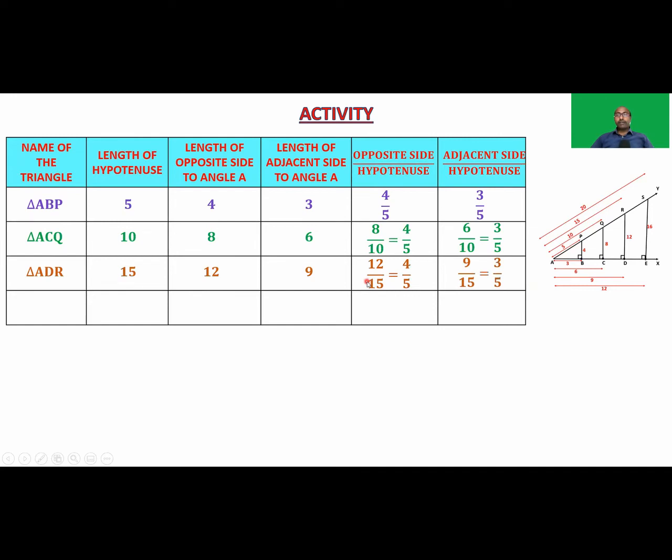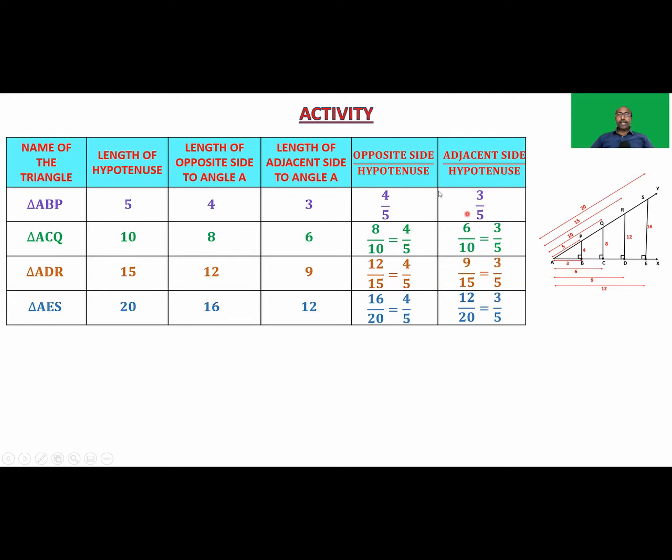And by taking the fourth triangle also, that is triangle AES, the length of hypotenuse is 20, length of opposite to angle A is 16, and adjacent to angle A is 12. The ratio between opposite to hypotenuse is 16/20, which is equal to 4/5, and lastly adjacent side to hypotenuse is 12/20, which is equal to 3/5.